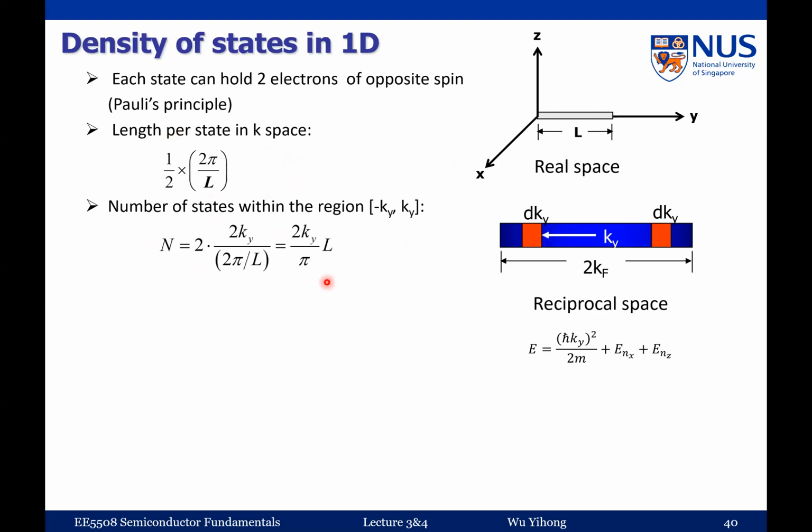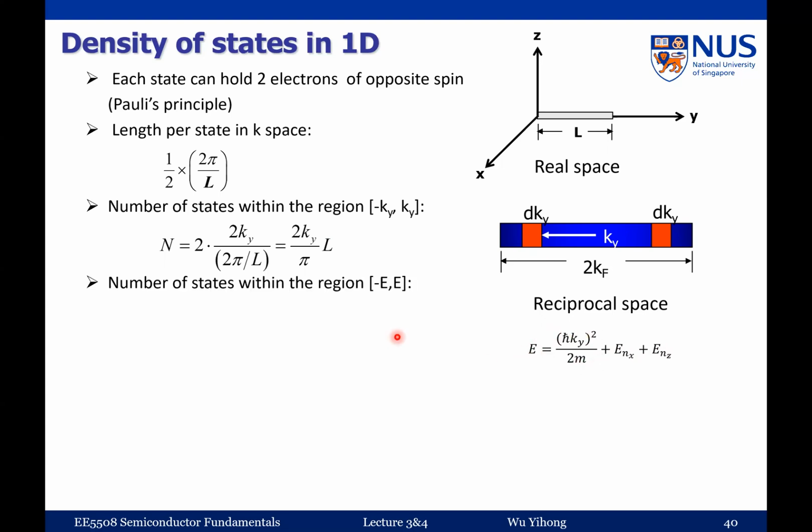Okay. And then in this case, you get the total number of electrons which occupy this region in the 1D case, right? Again, this Ky is related to energy by this relation. Again, if we look at each energy subband and count this energy from the edge of the band, then we don't have this, right? This is a reference, the minimum energy level for each subband. So if we take energy from each subband, then we simply have this, right?